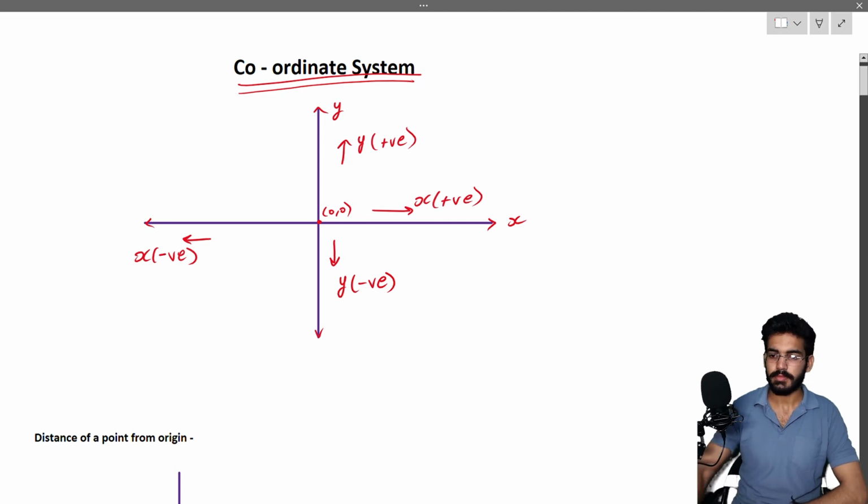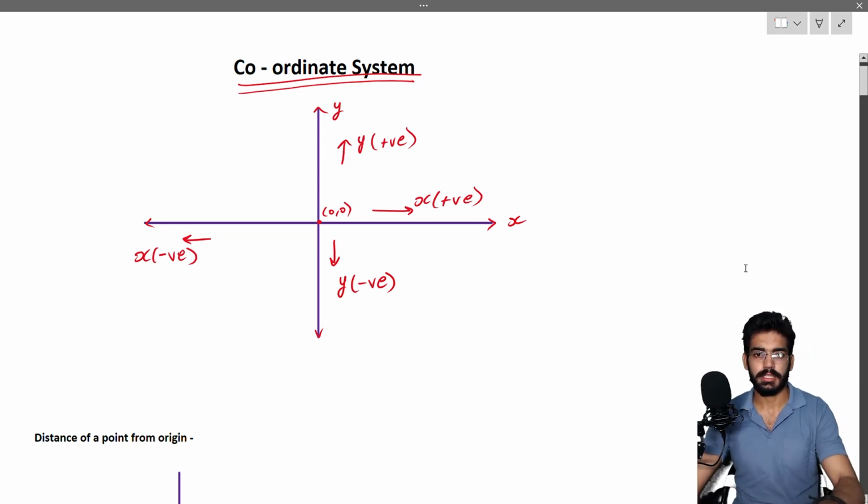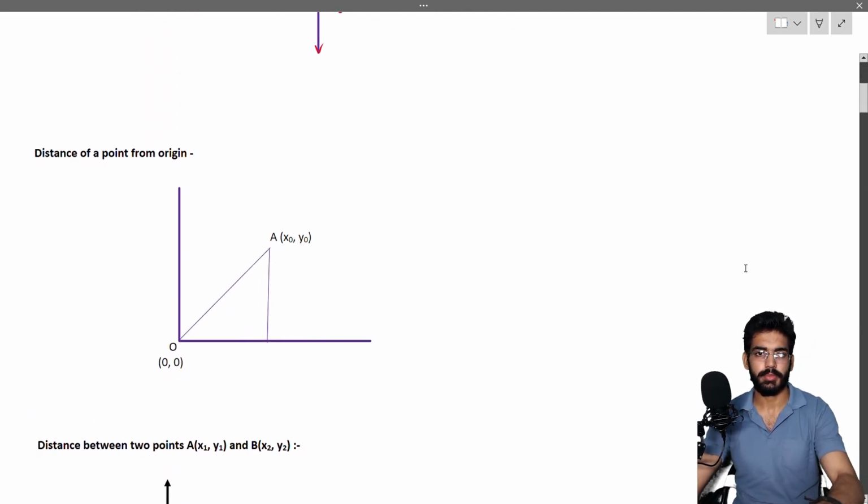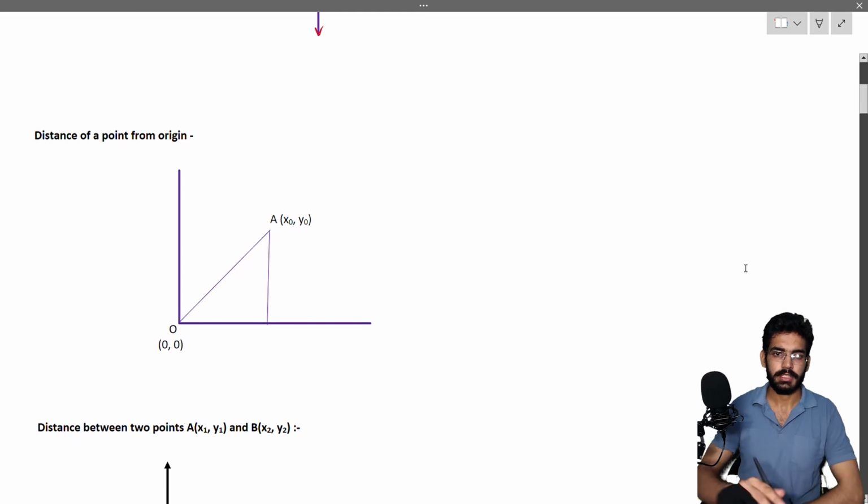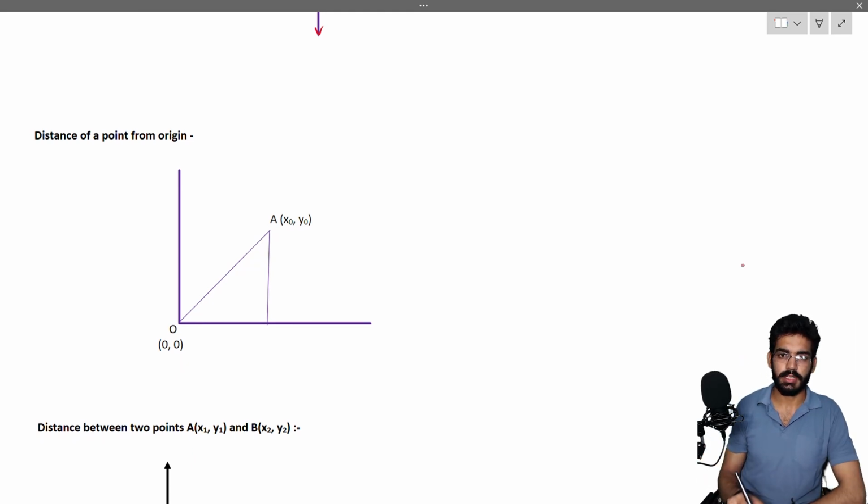Now how do we mark the points and find the distance between the point and origin? So the distance between 0 comma 0 and x naught comma y naught, that point, this is your y-axis, this is your x-axis. How do we calculate that? On the x-axis I can say how much I moved, this I can write down x naught, distance from here to here, and this I can write down y naught.